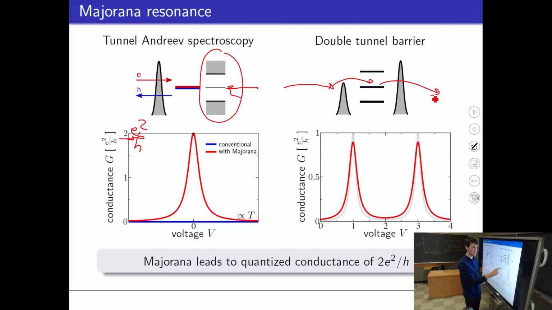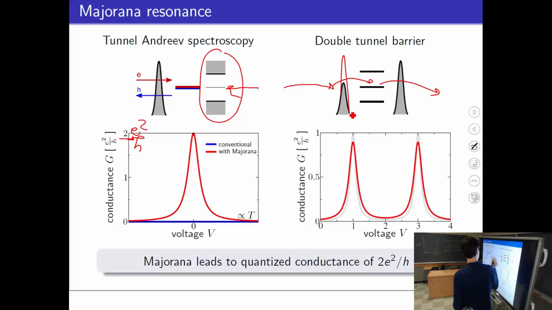But if the barriers are exactly the same height, you have this resonance. So when tunneling in and tunneling out are exactly the same, then you have a huge enhancement of the tunneling probability. So you can just work it out from WKB, from quantum mechanics, that this is the case. You have optimal tunneling conditions when the two barriers are the same height. And so you get a peak that is exactly maximum quantized in this case.